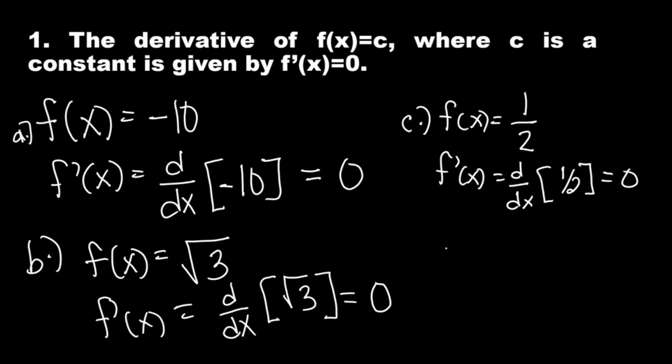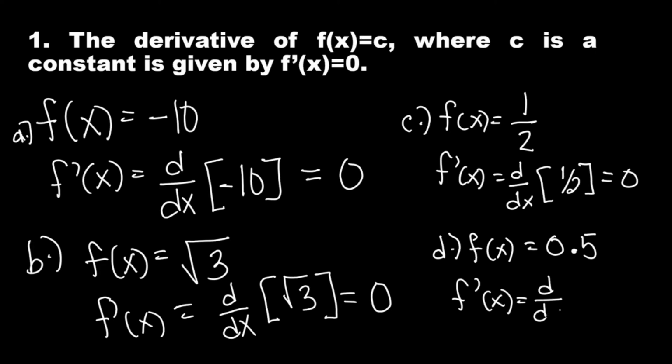Okay? So last example, we have d. F of x is equals to 0.5. So what is the derivative of 0.5? We have f prime of x is equals to d over dx 0.5. Therefore, we have 0.